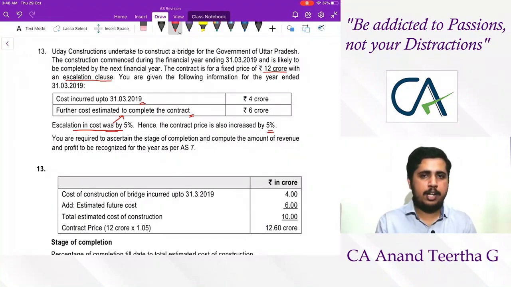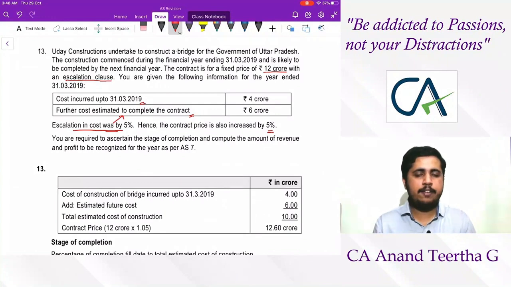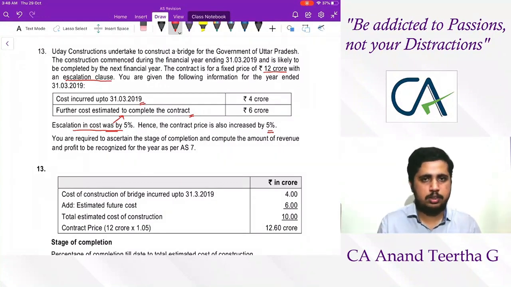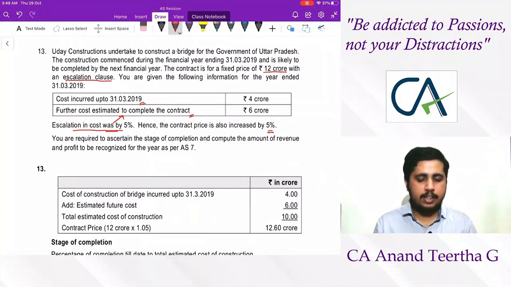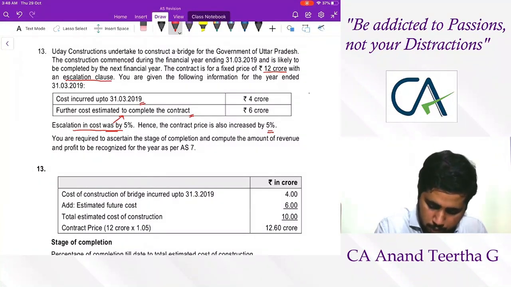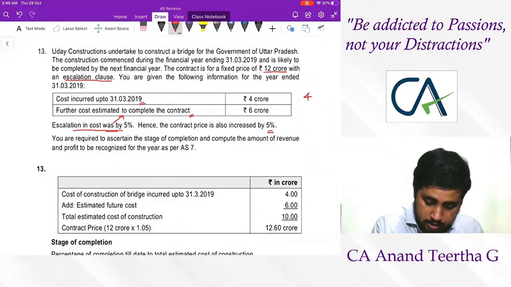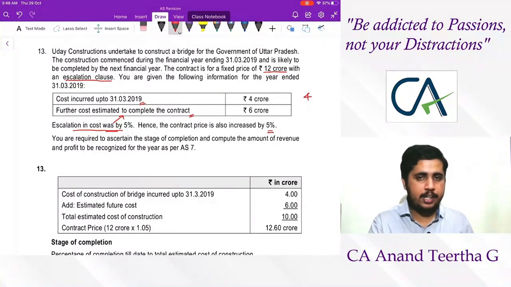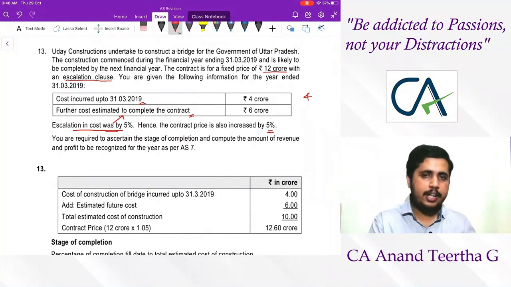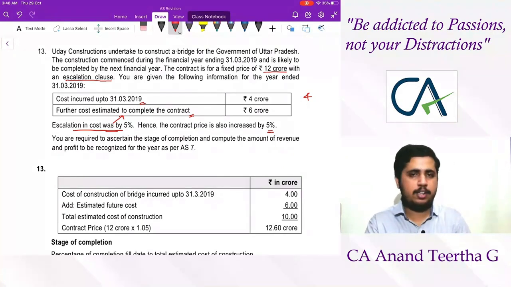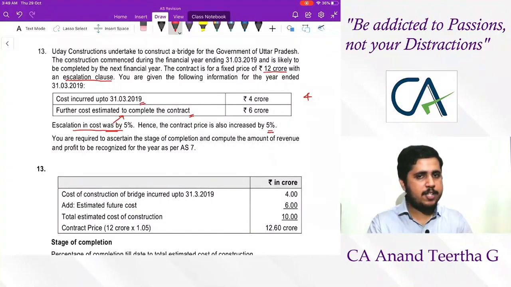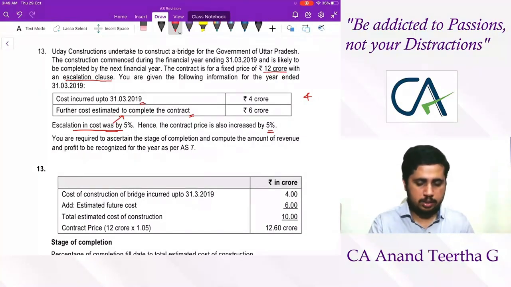So what is the formula? It is cost incurred till date divided by estimated total cost. Now, the point is cost incurred till date. Yes, it is given: 4 crore. Estimated total cost is not directly given. How can I calculate it? Cost incurred till date plus further cost will give me the total cost.